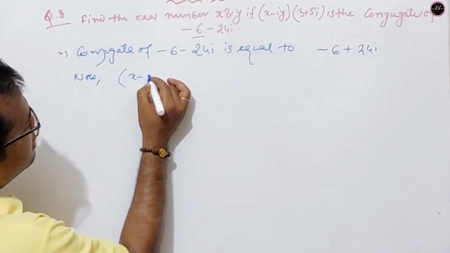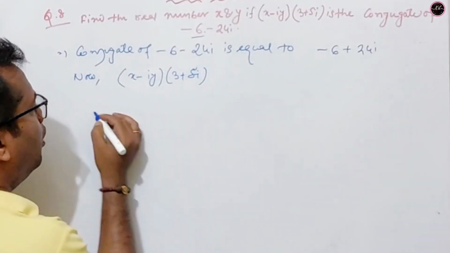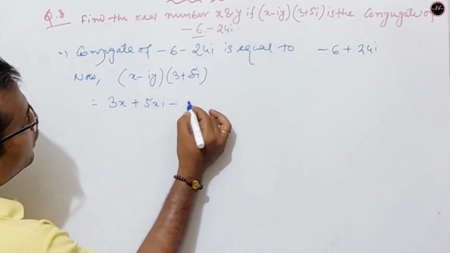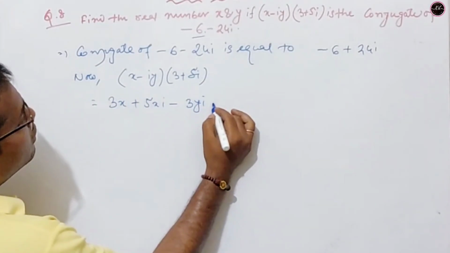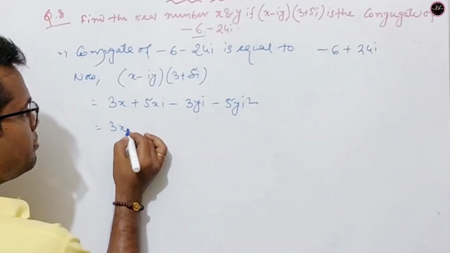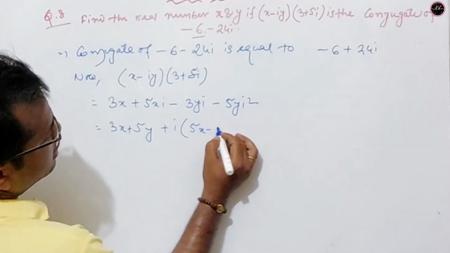Now simplify this, x minus iy and 3 plus 5i. We get 3x plus 5xi minus 3yi minus 5y i square. So we have 3x plus 5y, and if we take i common, 5x minus 3y.